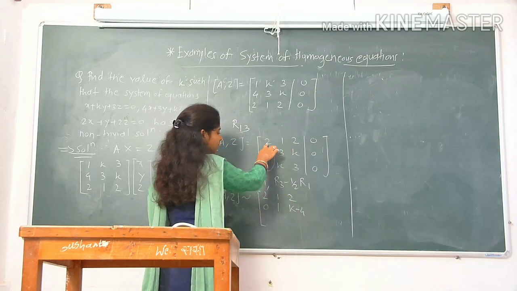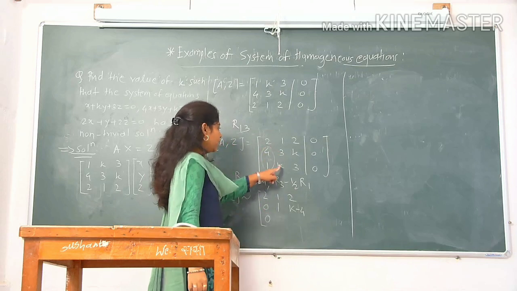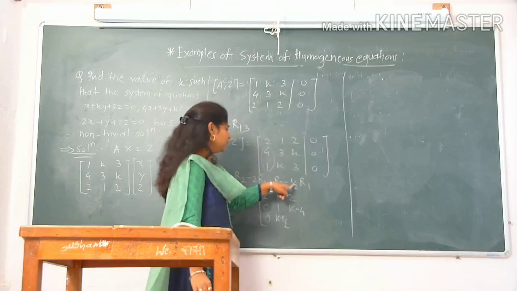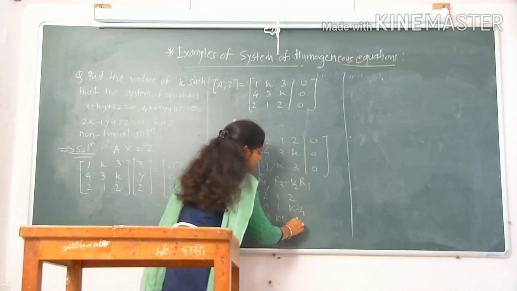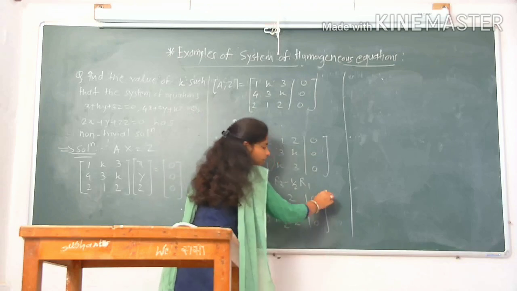Now 1 minus 1 by 2 into 2 is 1, 1 minus 1 is 0, k minus 1 by 2, and 3 minus 1 by 2 into 2 is 1, so 3 minus 1 is 3. Here all the elements are 0.